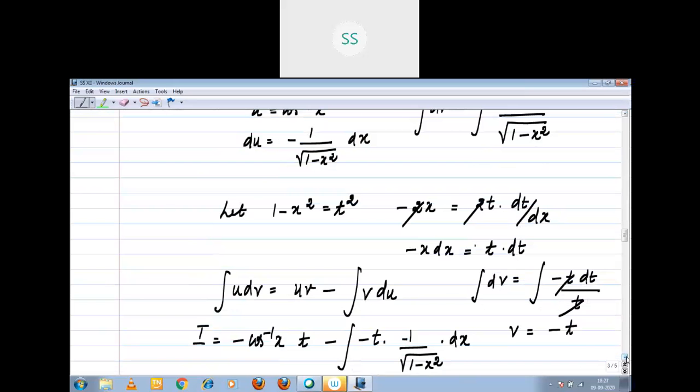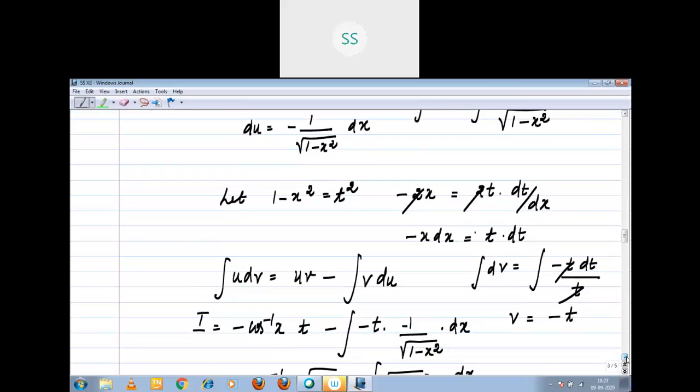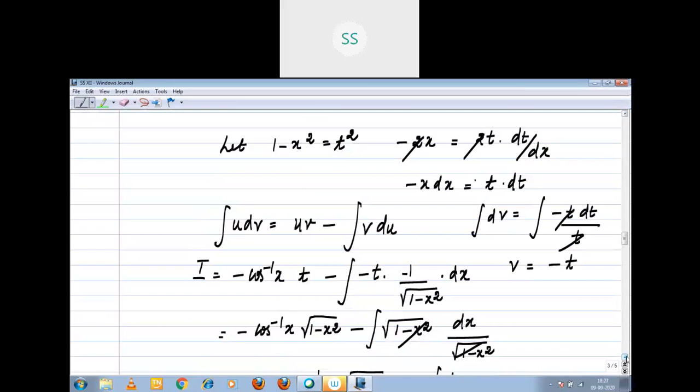Then integral dv equal to minus t dt divided by t, because I consider 1 minus x square equal to t square. V equal to minus t. Then you go to the original integration. I equal to uv, so minus cos inverse x into t, minus integral minus t into your du, which is also negative, so minus 1 by root of 1 minus x square into dx.